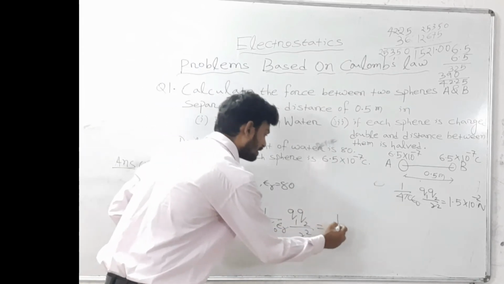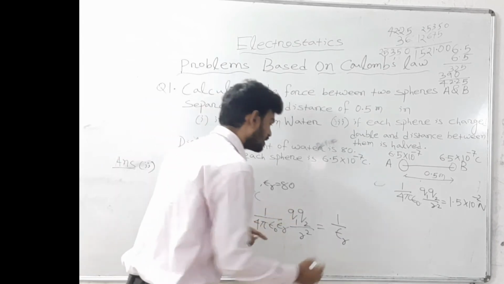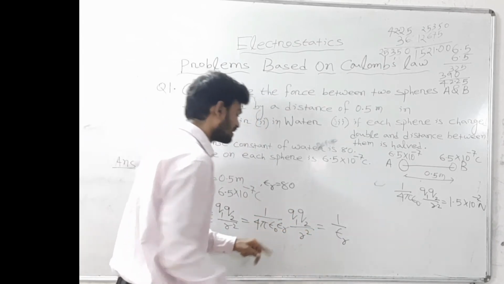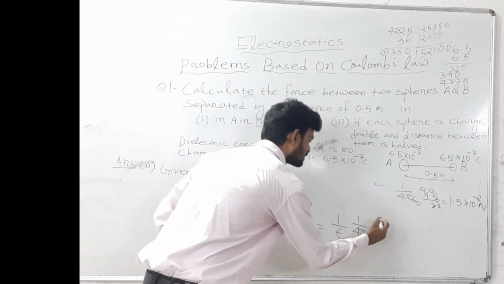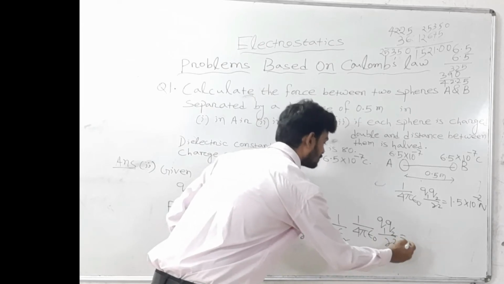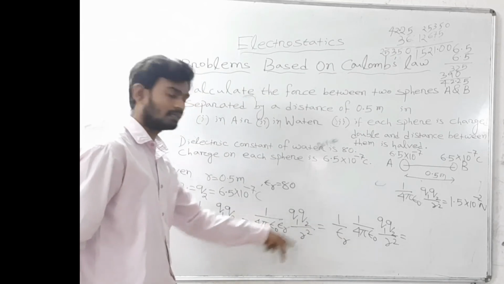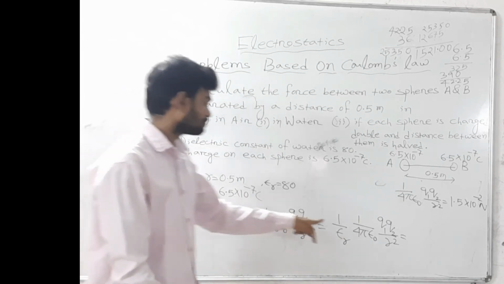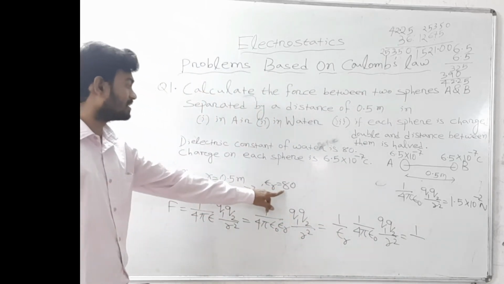So 1 by epsilon R, we can write this value as 1 by epsilon R times 1 by 4 pi epsilon naught Q1 Q2 by R square. What is the value of epsilon R? It is 80.